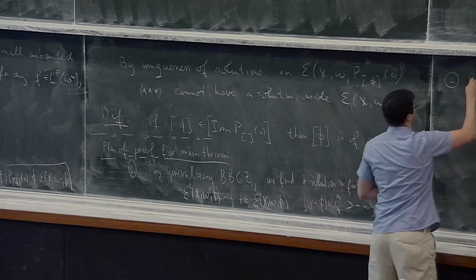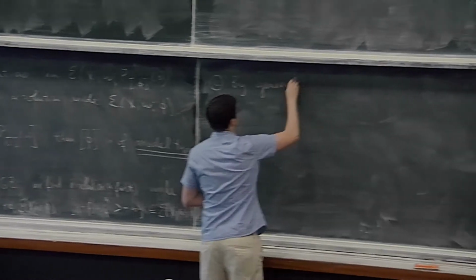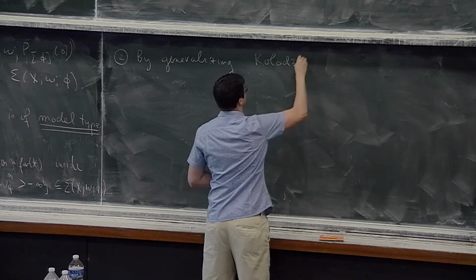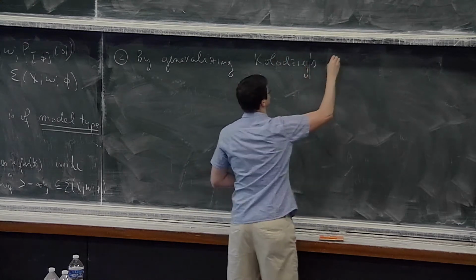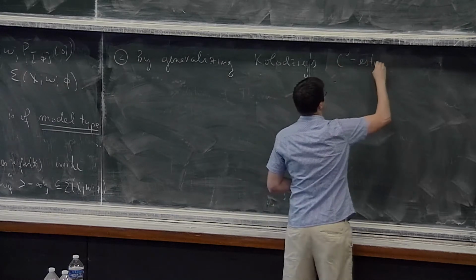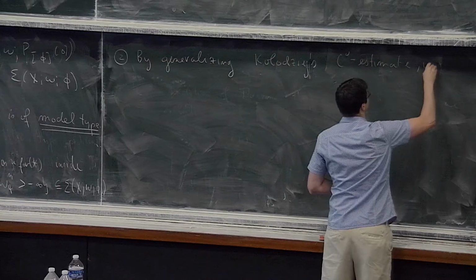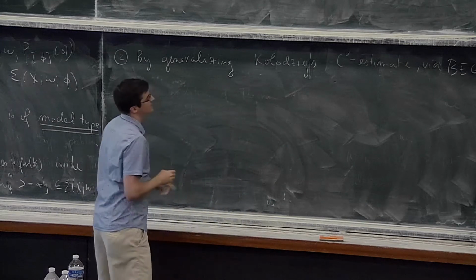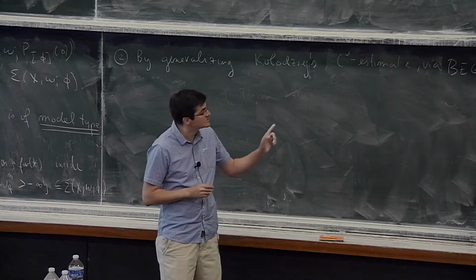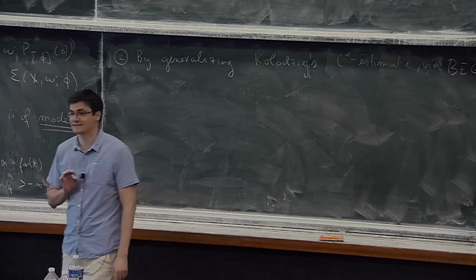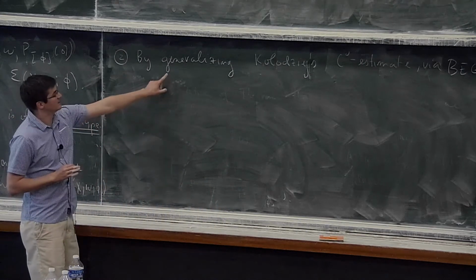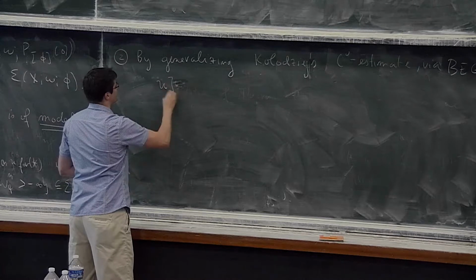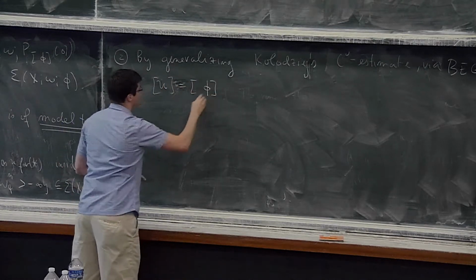So next, by generalizing Kołodziej's C0 estimate via the work of Berman, Boucksom, Eyssidieux, Guedj, Zeriahi, okay, I want to make sure I get that right, you get that this solution from E1 has the same singularity type as phi.